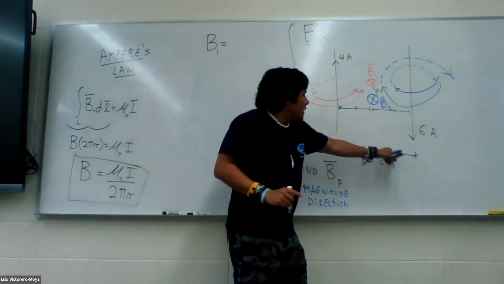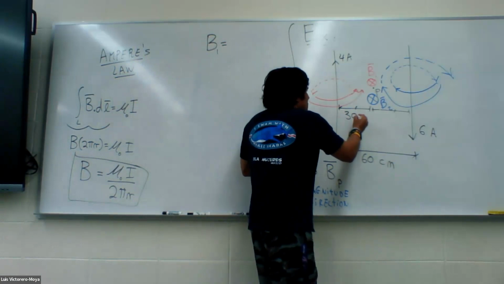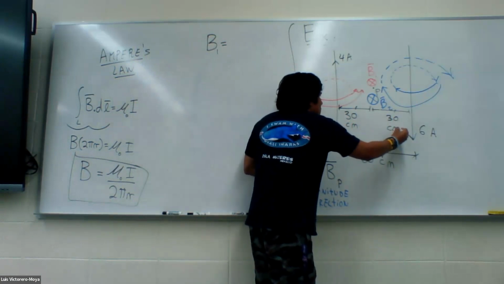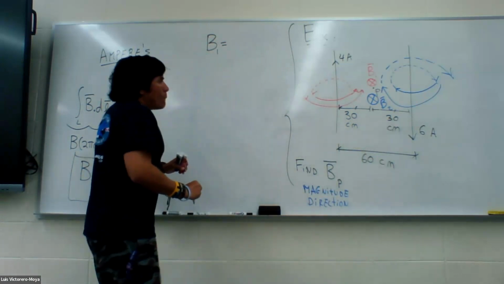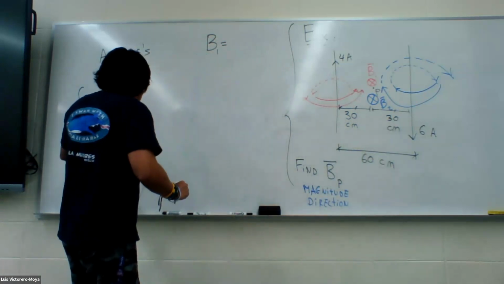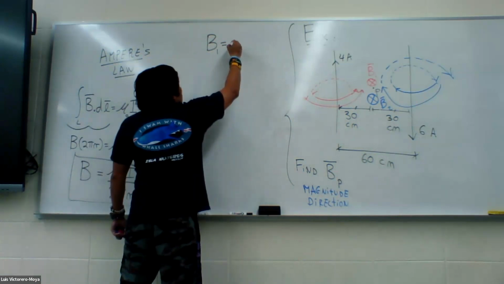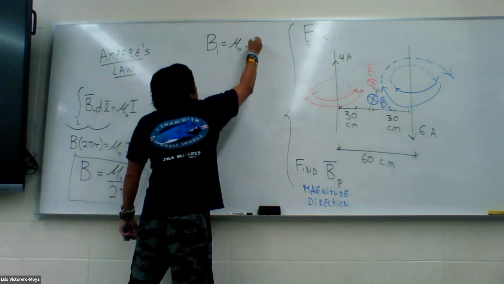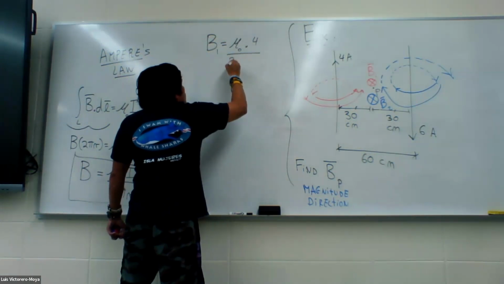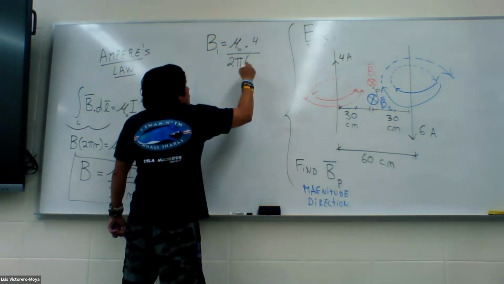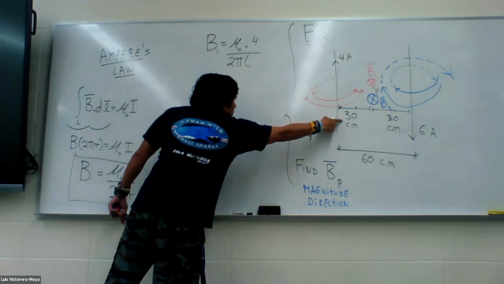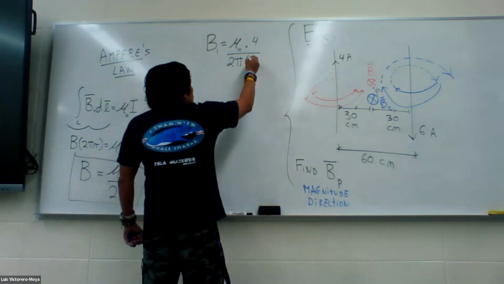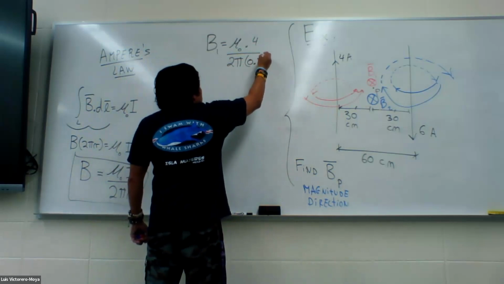If this is 60, this is 30 centimeters, 30 centimeters. So the equation will be mu naught times 4 over 2 pi R. What's R? The distance, 30 centimeters, so 0.3.